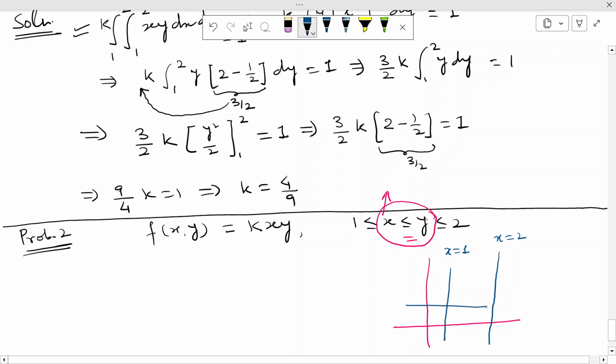Similarly we have y equals 1, and y equals 2.